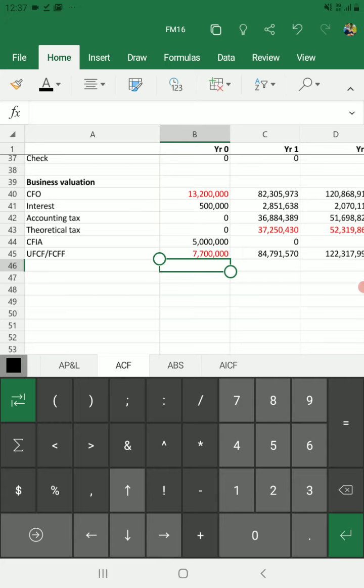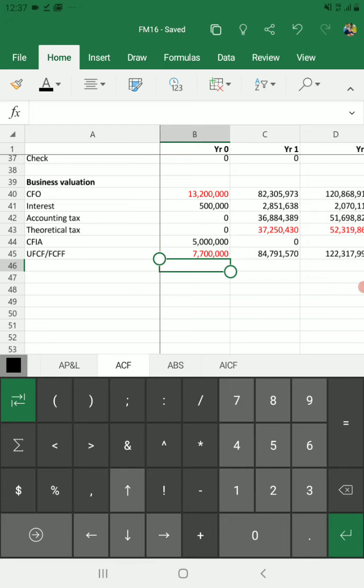Why do we use this figure? Because this figure first allows for comparison between one business and another, because it has taken out the effect of the capital structure, or the effect of leveraging in business. The cash flow that is used for valuation is available for distribution to both providers of capital within the business, debt holders and equity holders.